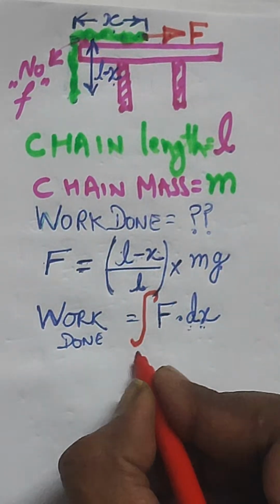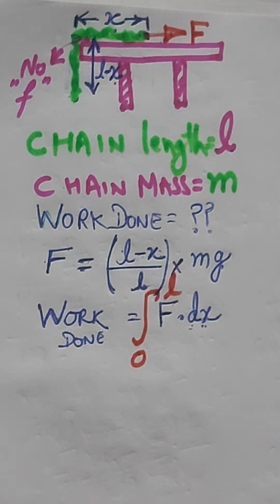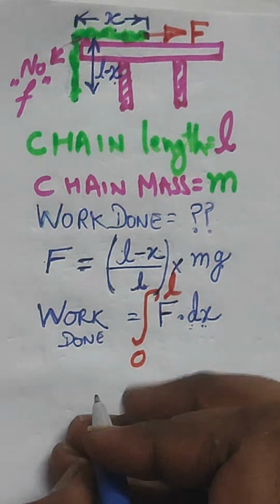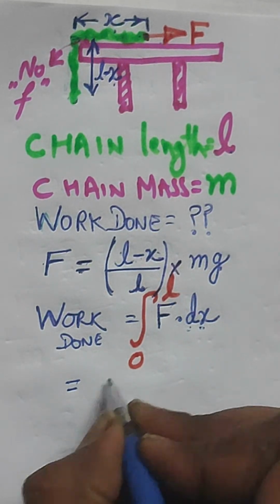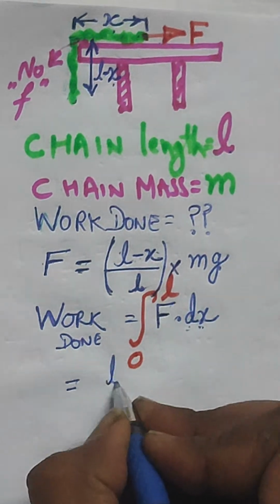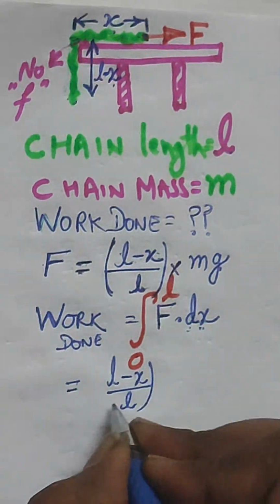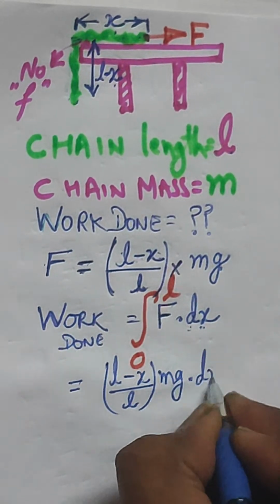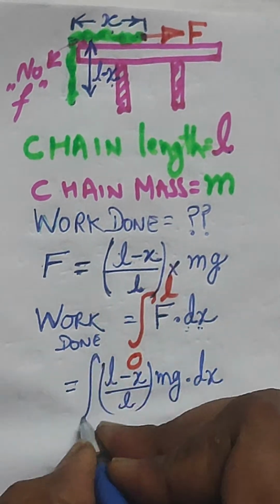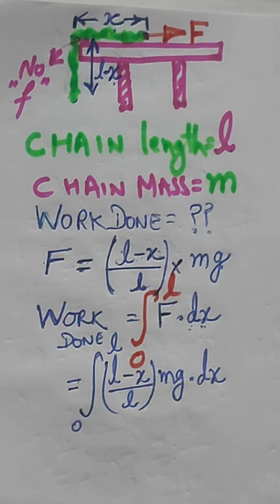When you integrate it, the length x will vary from 0 to L, right? What will happen? For the force, just put the value, that is (L minus x) by L into mg dot dx, from 0 to L, right?